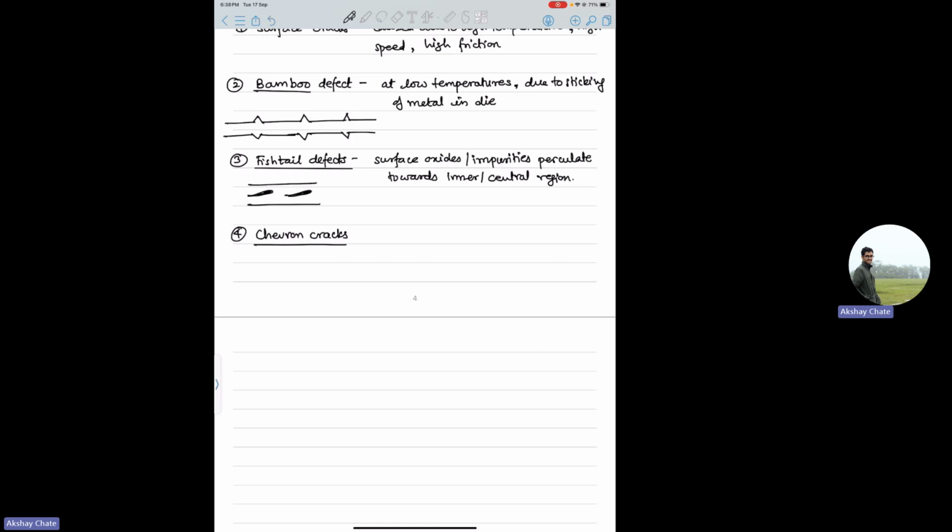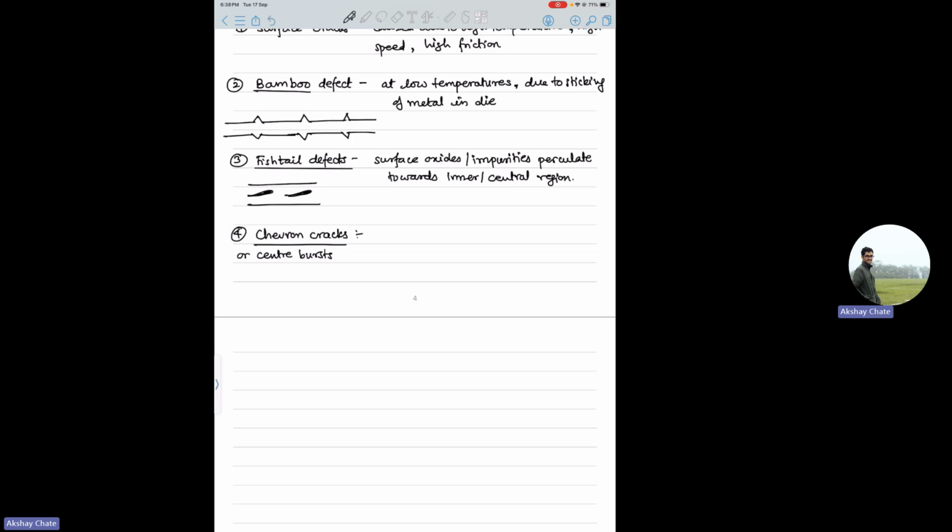Okay, so you have chevron cracks, also called center bursts. It is nothing but what happens when you have excessive compressive stresses.